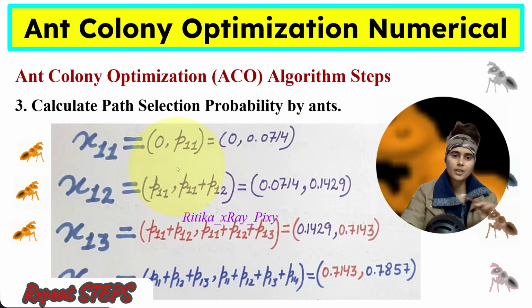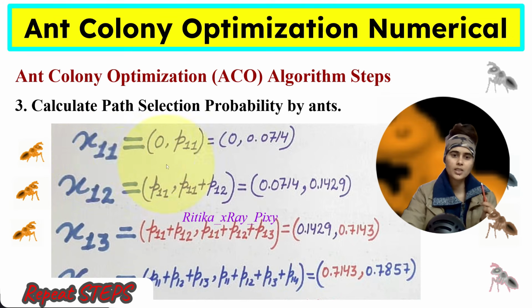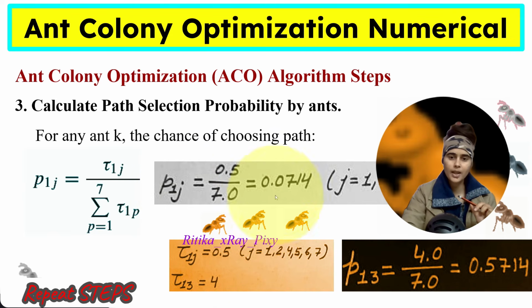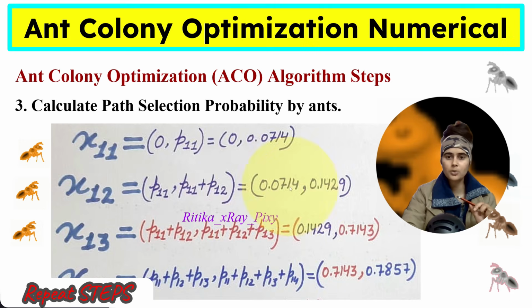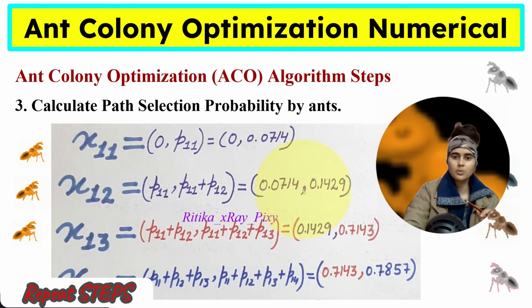Now again we will create the intervals for selecting the path. For x11, the path x11 equals 0 to P11. The P11 value is 0.0714. Then x12 is P11 comma P11 plus P12. P11 is 0.0714, and P12 is again 0.0714, put the value here.